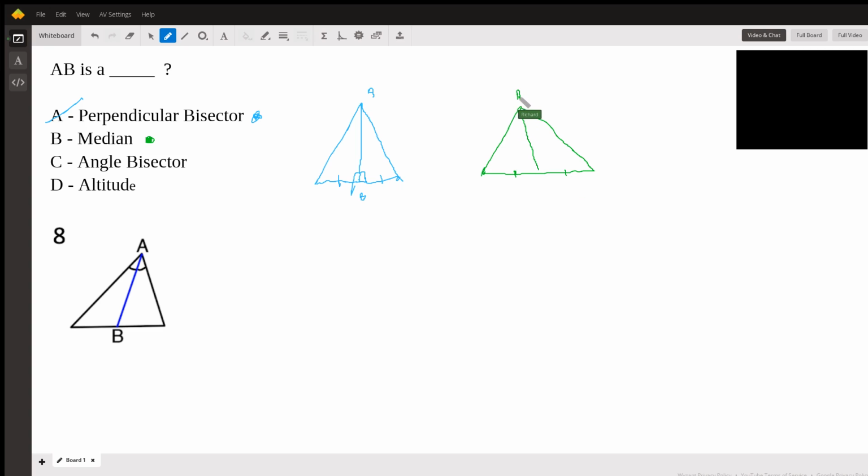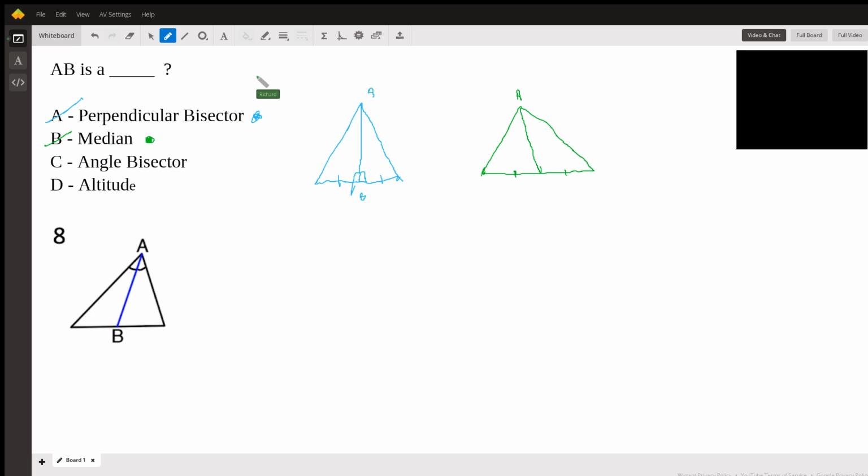So we talk about drawing a median from the vertex of A down to this side. And you can see that there's no indicator here that these two line segments are congruent. So based on that, it's not a median.